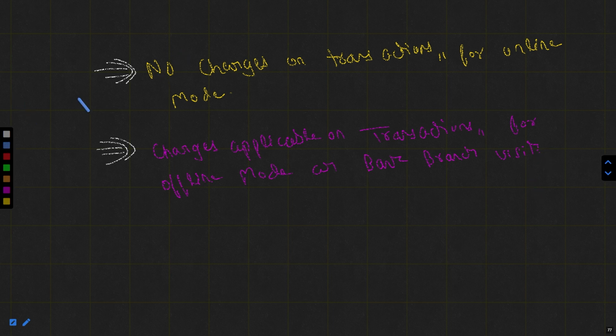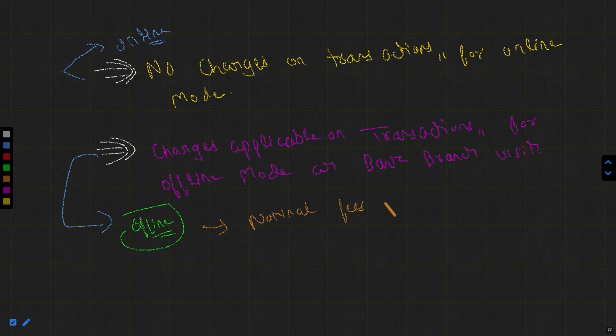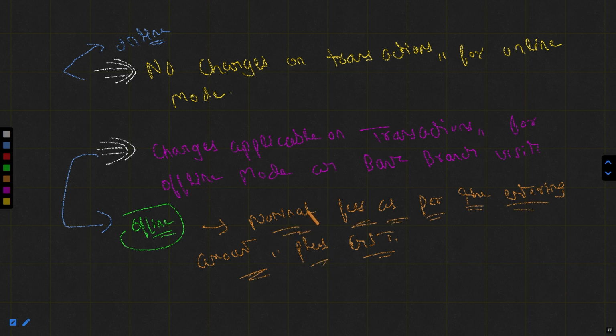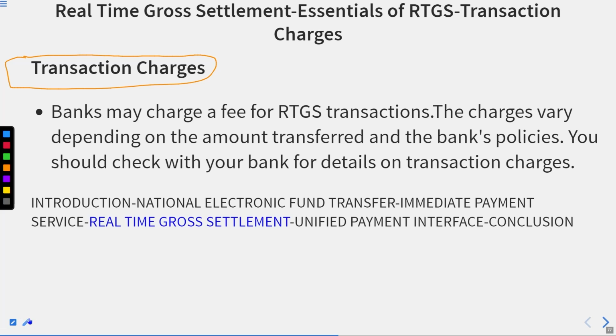So remember, whenever you are making the payment online, you are not supposed to pay any charges, but whenever it is offline, then you are required to pay charges, which include nominal fees as per the entered amount, plus GST. So if you visit the branch physically and make the transaction, you are supposed to pay the nominal fees as per the amount you have entered, plus GST. Keep this in mind: no charges online, offline there are charges.